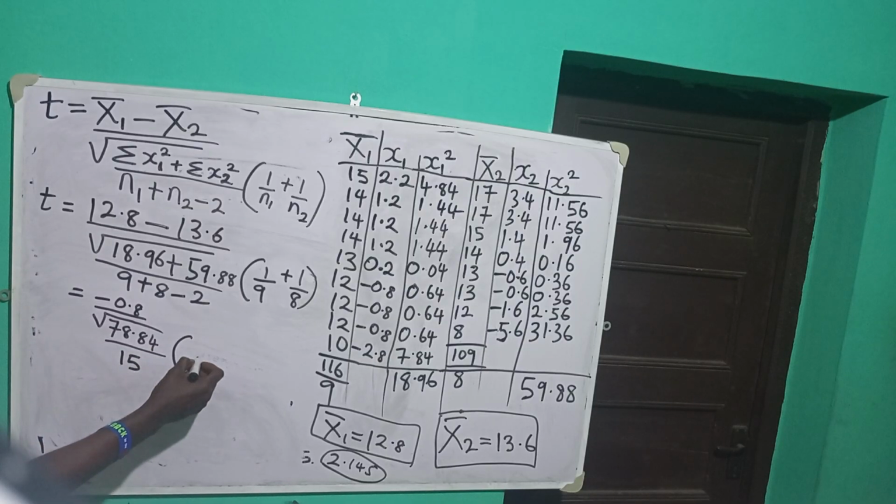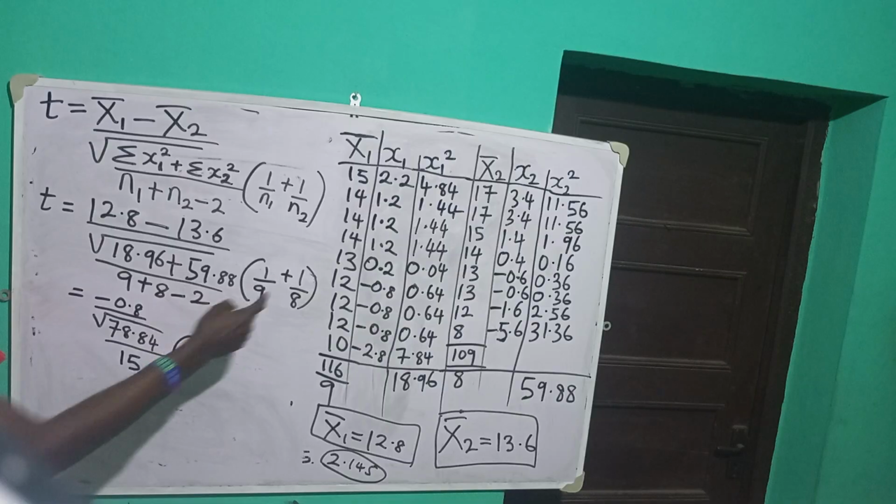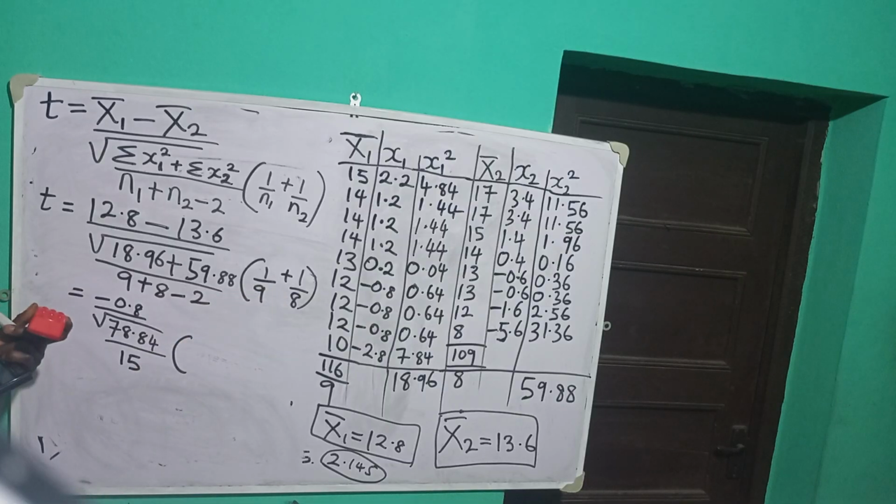Then the bracket: 1 over 9 plus 1 over 8.